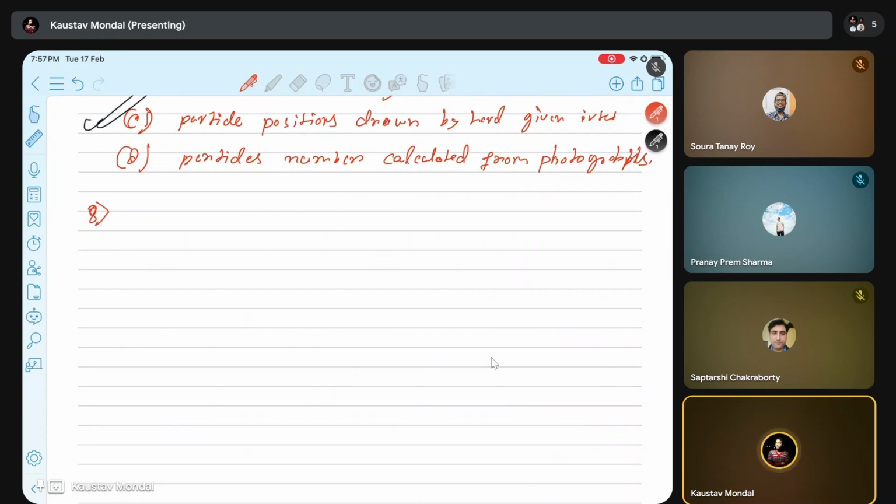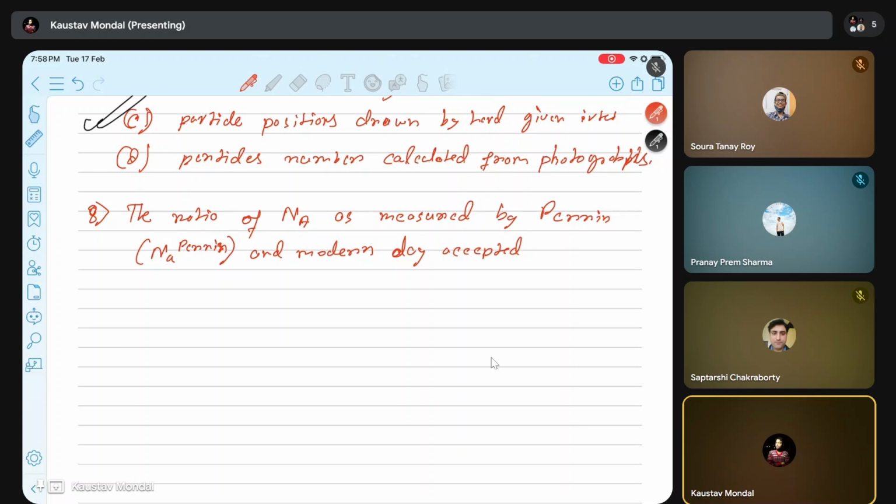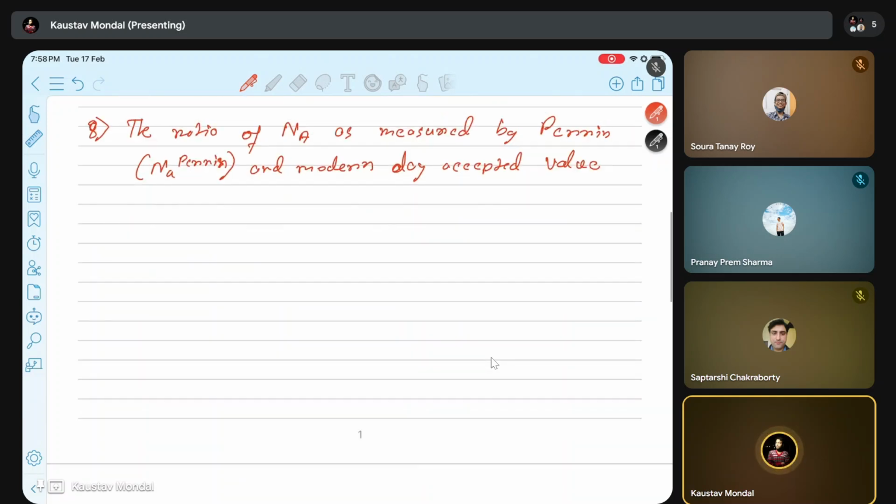Similarly, there is another question: the ratio of the Avogadro number as measured by Perrin, Na Perrin, and the modern day accepted value, Na modern, is Na Perrin by Na modern.